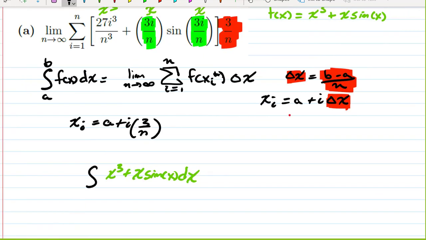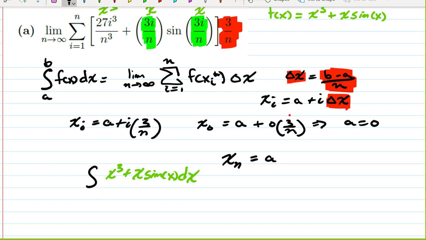So if I put in x sub 0, that gives me a plus 0 times 3 over n, which is going to imply that our a value is 0. And if we put in x sub n, we're going to get a plus n times 3 over n.